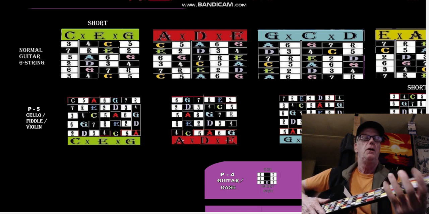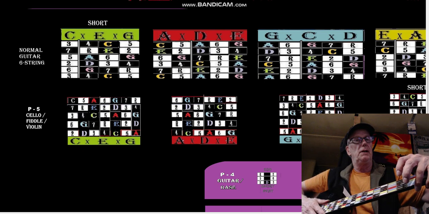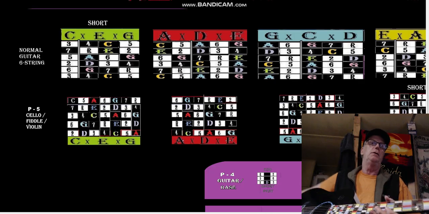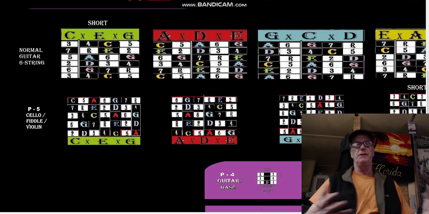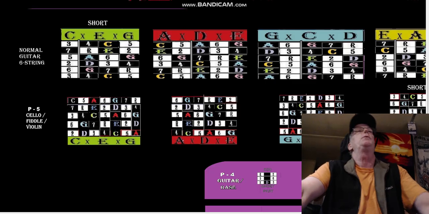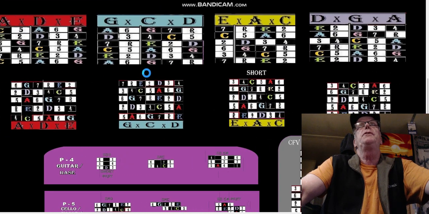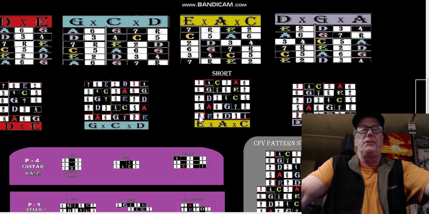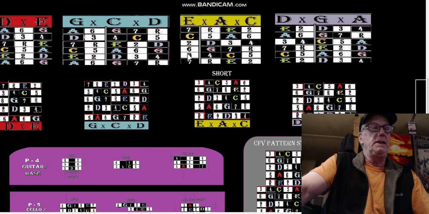Okay, so these are important notes to know, keys to know, that the analog is the key of A flat, because with the cello, the lowest note on the cello is the C. We'll see in the next charts what that means.